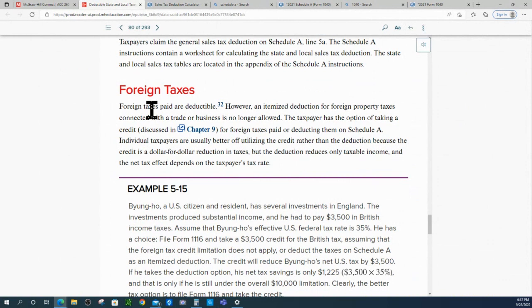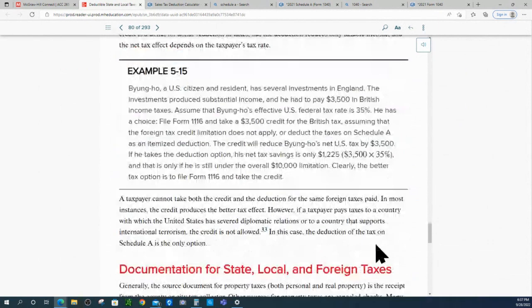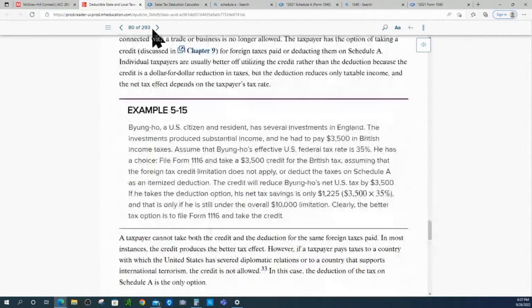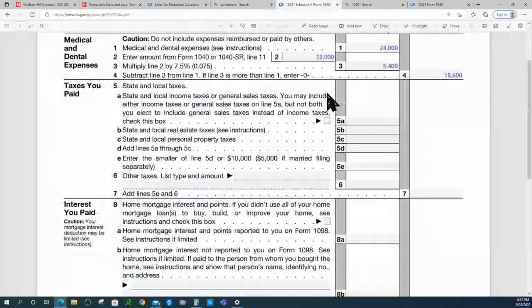For most people, the credit is going to be more beneficial, but you can take a deduction for the foreign taxes paid. So that would be included right here. You would list the type, so you just say foreign income taxes and the amount, $700.